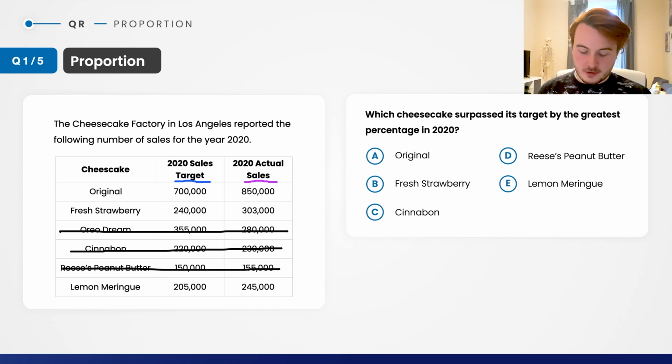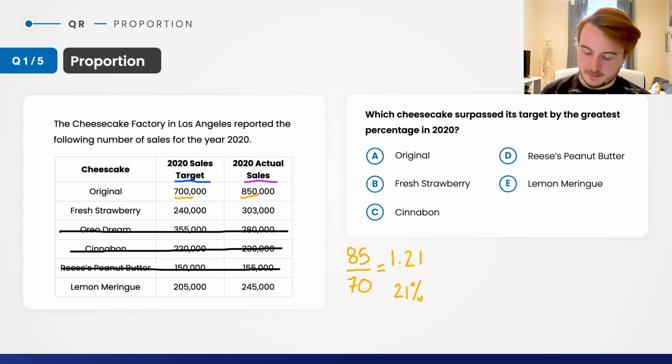So let's just start popping them into equations. So for the original, we're going to be doing that 850 divided by that 700 there. So let's do 850, but we're only going to write 85 because we don't need to pop on zeros that we don't need. 85 divided by 70, which if we pop that into our calculator is going to be 1.21. So that's going to give us a 21% increase.